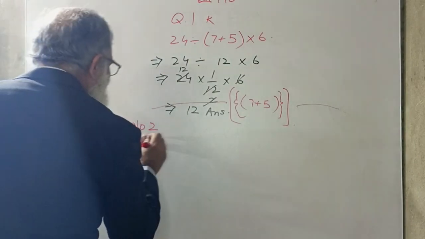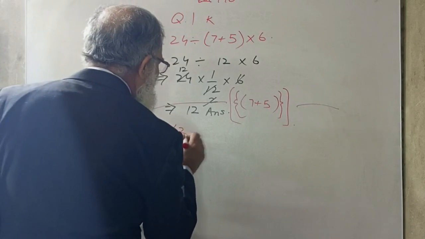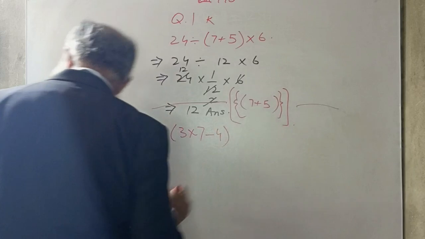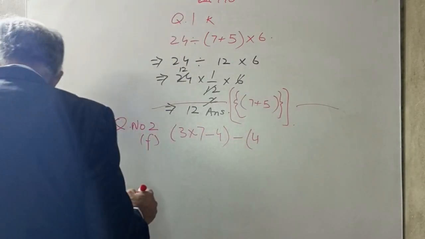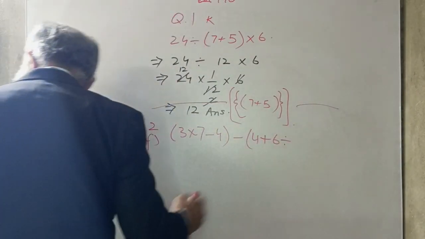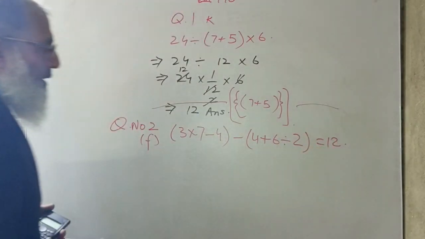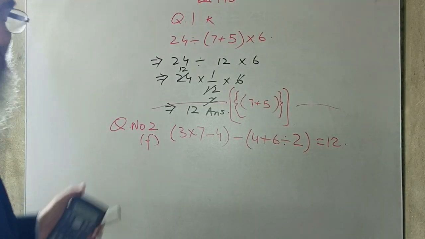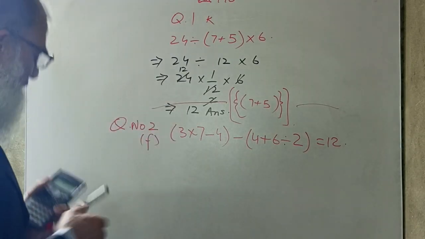Now the part is F. The question is 3 multiplied by bracket 7 minus 4 bracket close, minus 4 plus 6 divided by 2 is equal to 12. Now you have to do it in your copies, and also you have to check it with the scientific calculator.